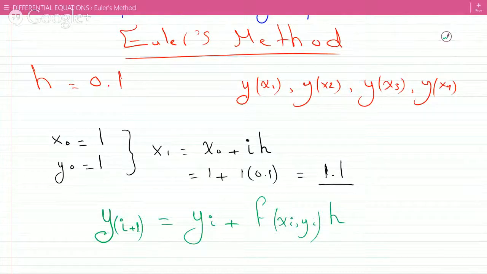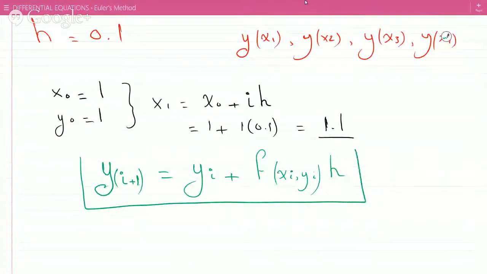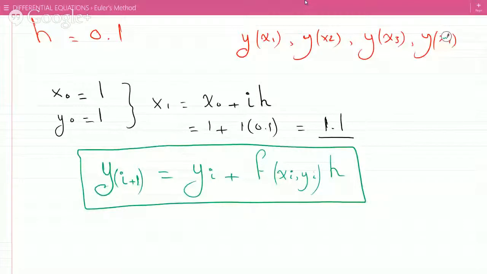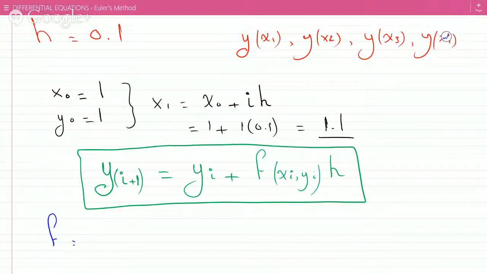Now, what's f in this case? Where f, so okay, so this is Euler's formula here. And f is the differential equation, the right-hand side of it. In this case, x cubed.